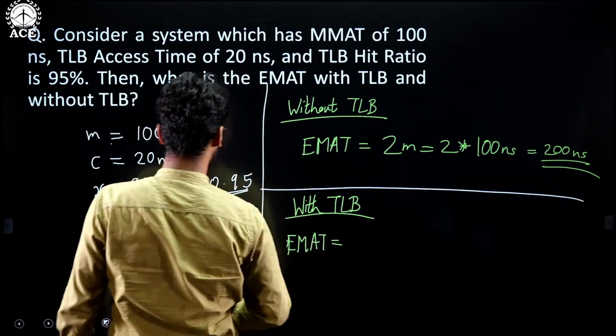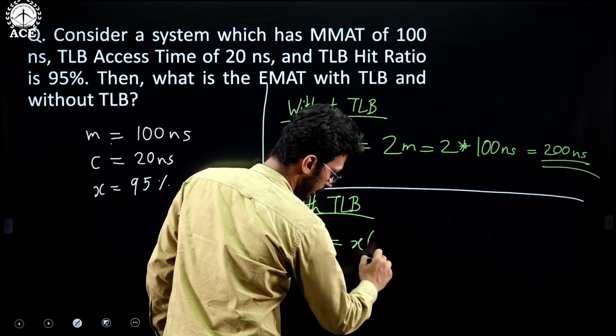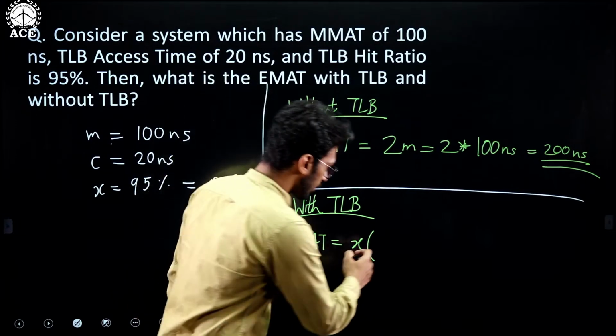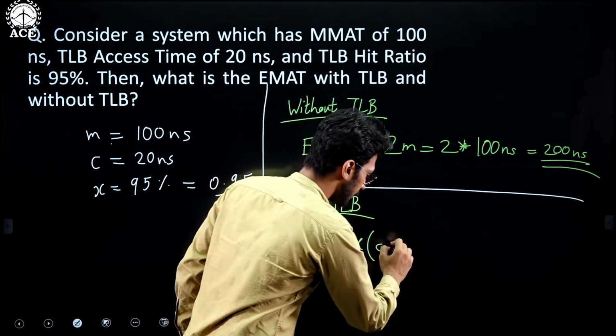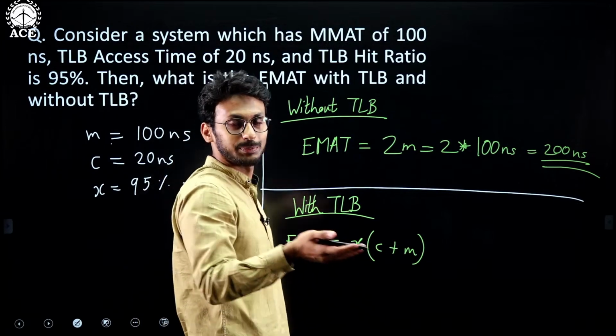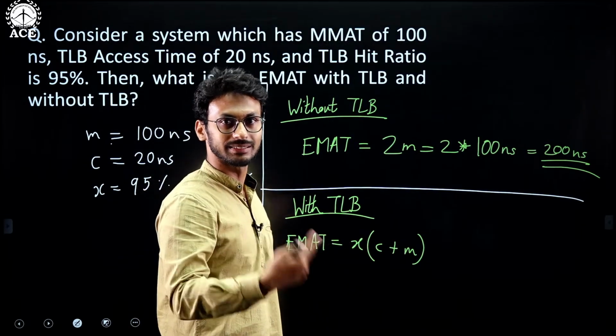Let me write the formula: X, TLB hit ratio. If there is a hit, you have actually seen TLB, isn't it? So write C as well. If there is a hit, you will access that actual page, plus M, main memory access time to access that page, because it is present in physical address space.